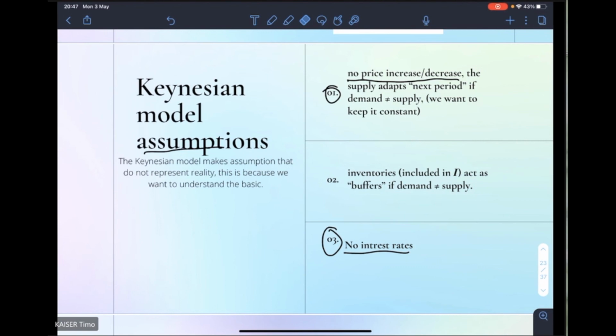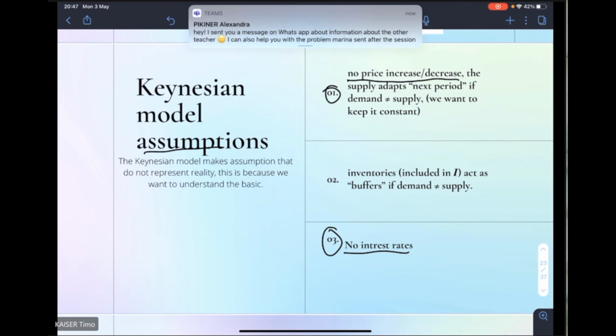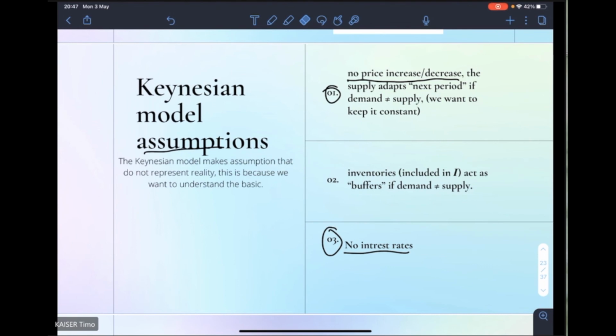However, it tells us, for example, if demand goes up by a lot and you can't supply this very fast, you still have inventories that are fully stocked in order to equalize the demand that is already there.